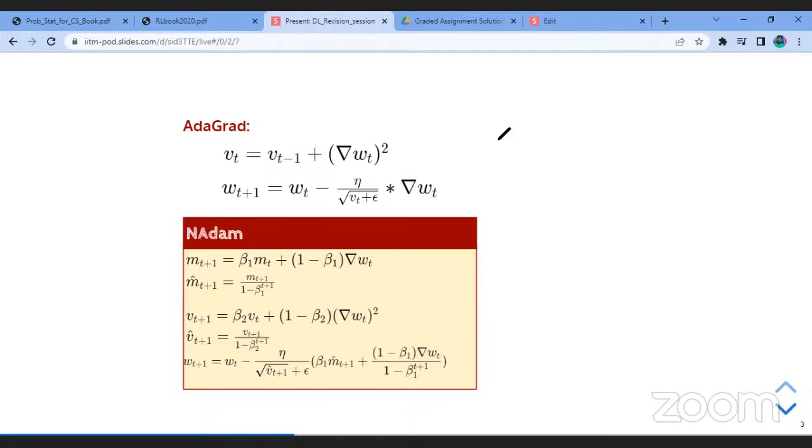Maybe NAdam also converges much better because it is no different from Adam. So we can start with Adam and NAdam and see whether it works. If it doesn't work, then you have to check other optimizers. It does not mean that if Adam doesn't converge, no other algorithm is useful.